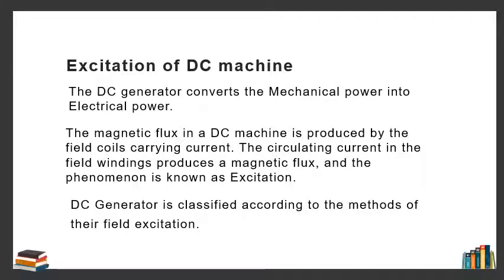So this is all about excitation. A DC generator or DC motor is a singly excited machine, meaning we supply one side of the machine. So the DC generator is classified according to the method of its excitation.